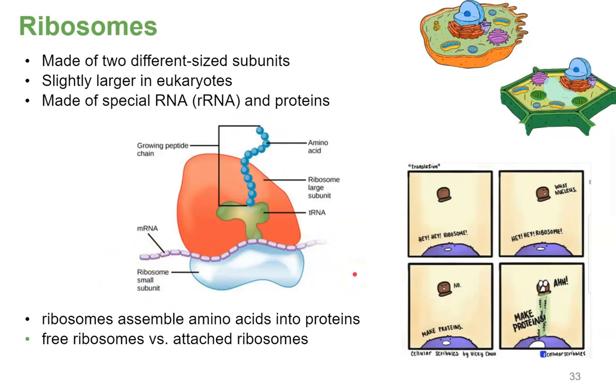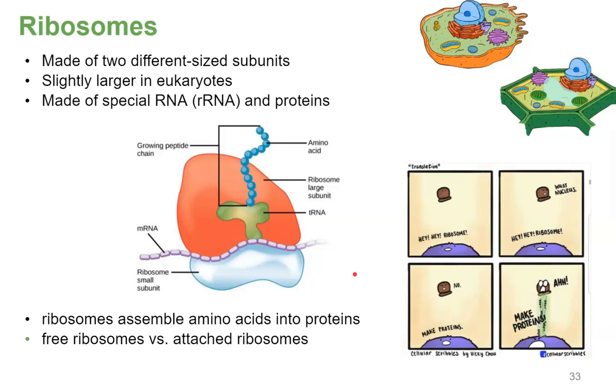So if ribosomes were to stop working, the cell would stop producing proteins, and that's not good, right? Remember, the central dogma is DNA to RNA to protein, and that's how cells live and regulate themselves. So if our ribosomes aren't working, then the cell is likely to die.